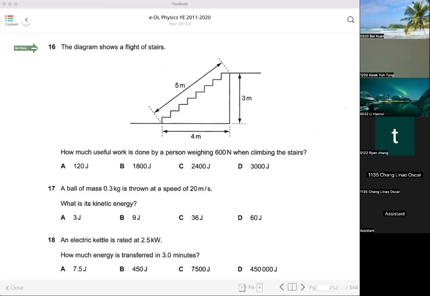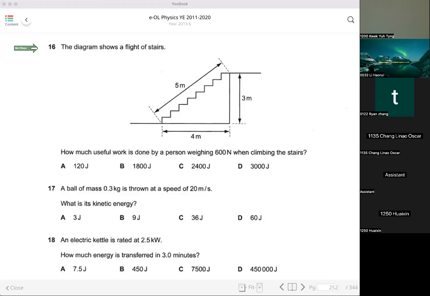Oscar, well done. Bei Kuan, well done. Ryan, very good. Okay, Huai Xing, do you know how to do question 16? Okay, the rest of you do question number 17.